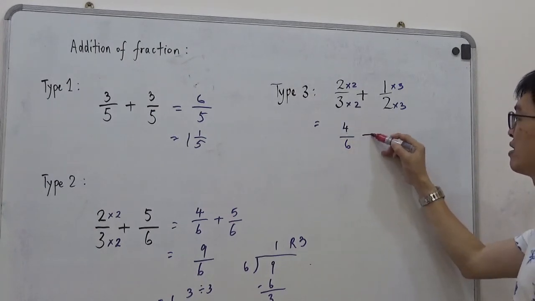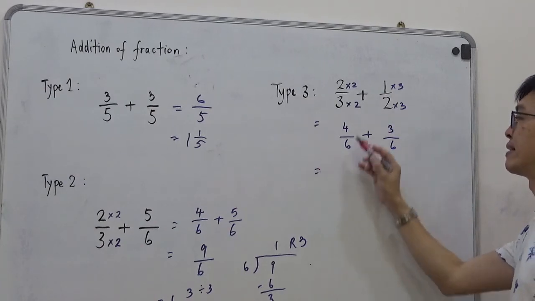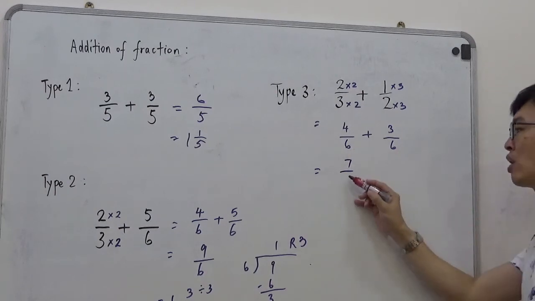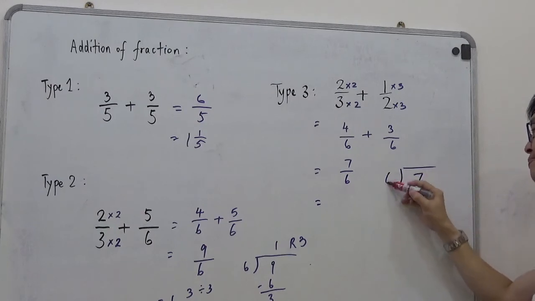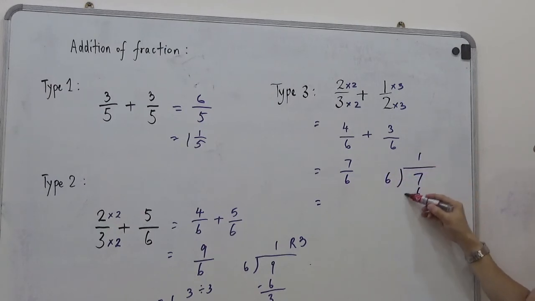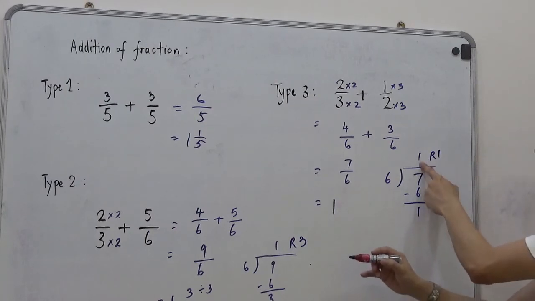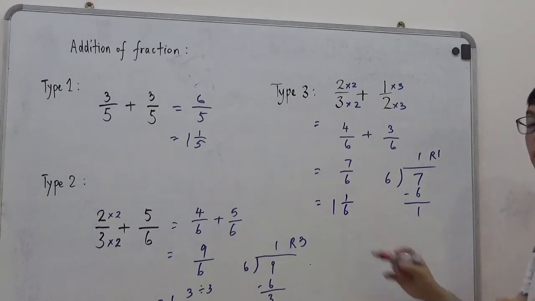You have a 4. This is also over 6. It's a 3. So, 4 plus 3, 7. The denominator doesn't change. Always remember. And then of course, if you do your long division, 6 times 1, 6. You get a 1, R1. So 1 whole, 1 over 6. So this will be your final answer.